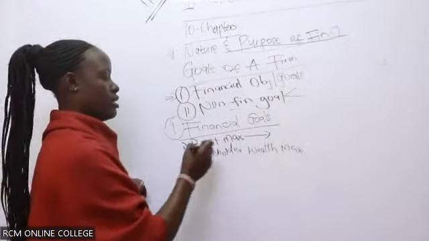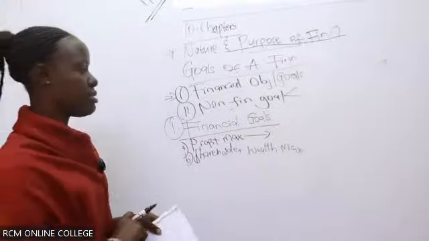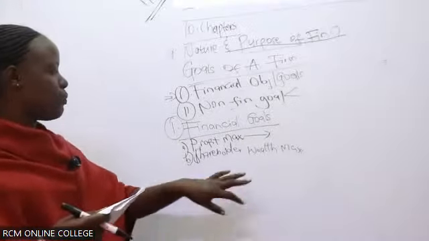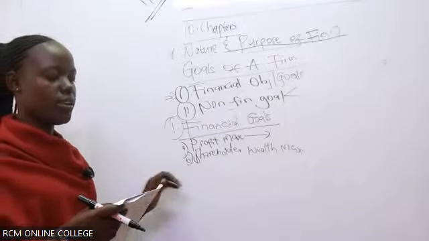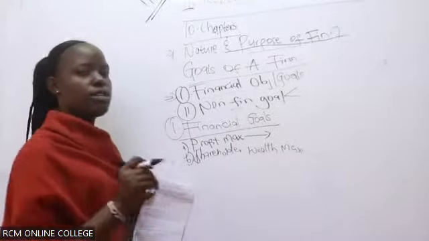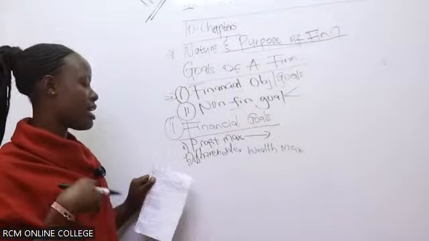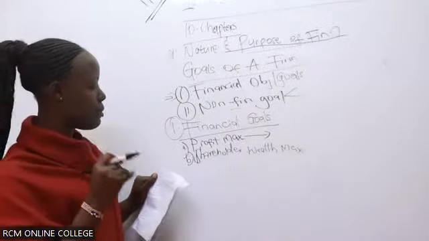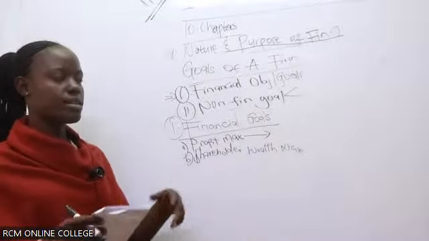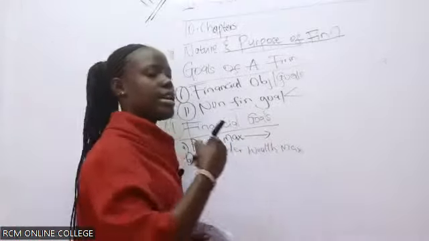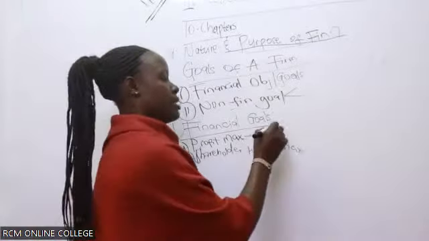Now let's look at profit maximization. When told to evaluate profit maximization as a financial goal of the firm, you're going to say that it's a situation where the finance manager aims at receiving the highest possible profit from their finances.